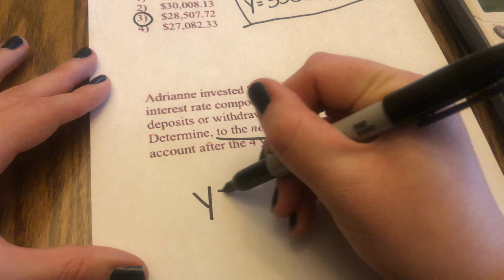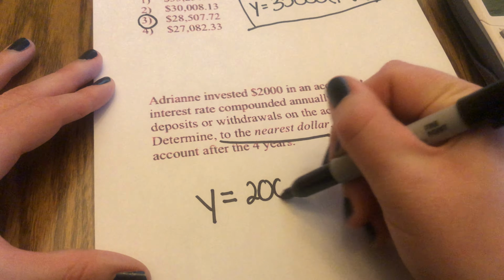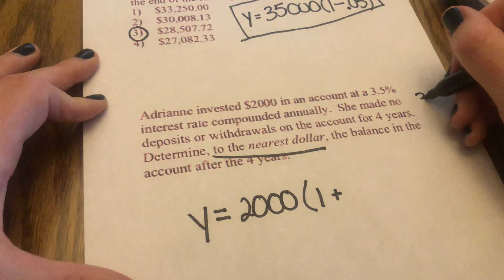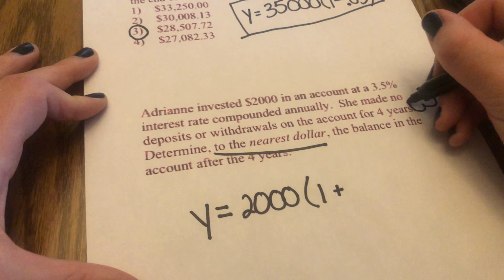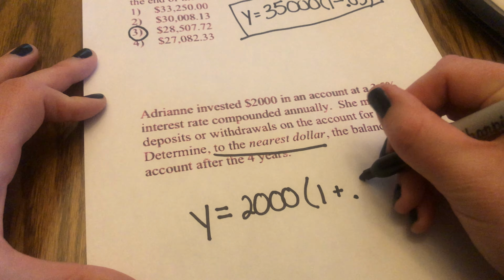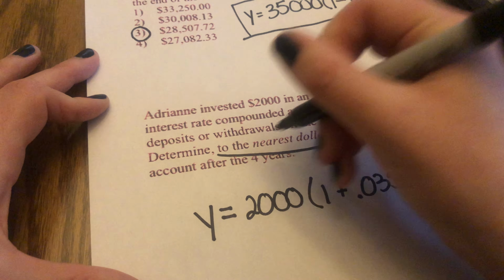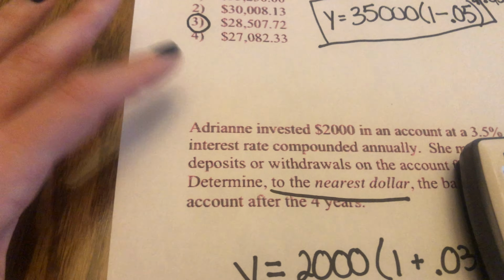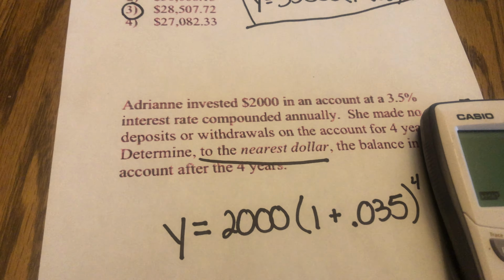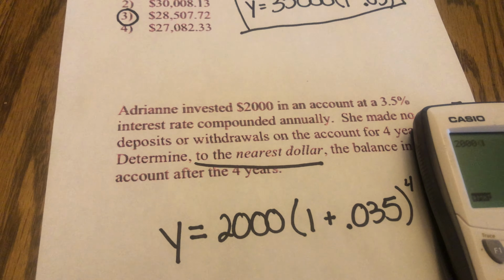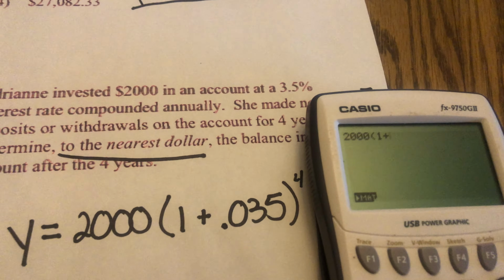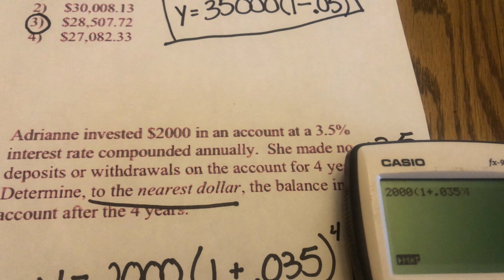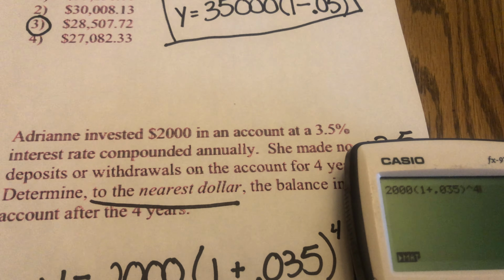So I'm going to start out with my y equals, my initial value is the 2,000. My 1 plus, because it's growth, 3.5. Again, I move my decimal over 2 units, is 0.035. And they asked after 4 years. So now I'm going to type this in the calculator. I have 2,000 parentheses 1 plus 0.035, oops, I have to close my parentheses, raised to the fourth power.